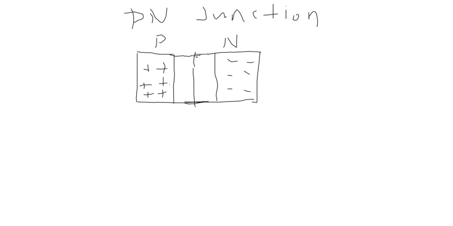This is my junction here. They form a region on either side of that junction that is depleted of charge carriers. Guess what we call that? The depletion region.